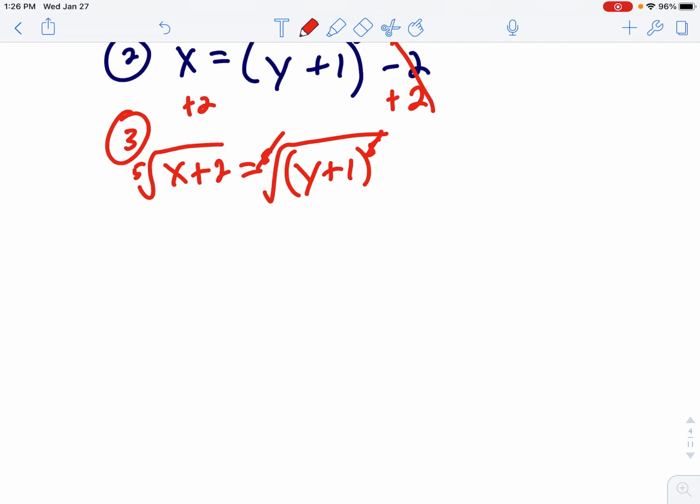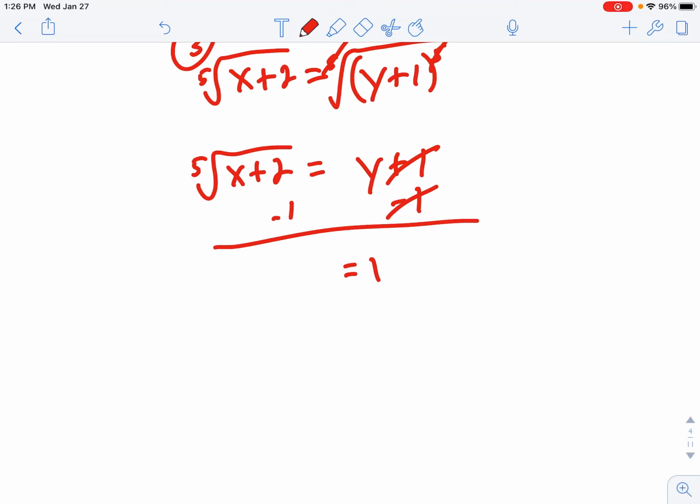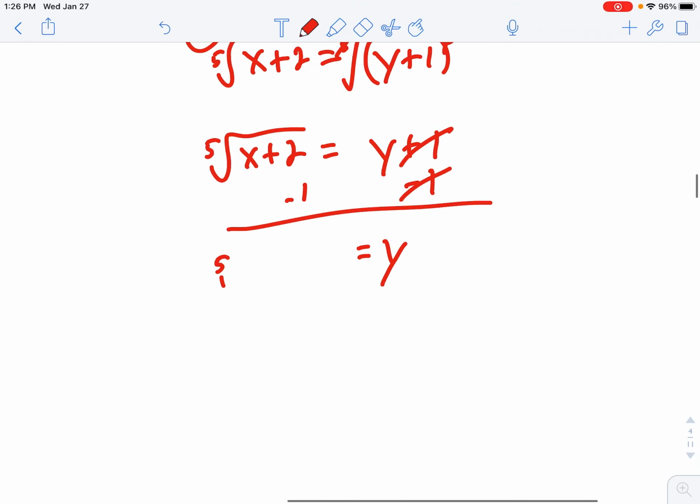The index and the power cancel out. You get y plus 1 equals the 5th root of x plus 2. Now, is y isolated? Not yet. We need to subtract 1 to cancel that off. Subtract 1 over here. And what you end up with is the 5th root of x plus 2 minus 1.